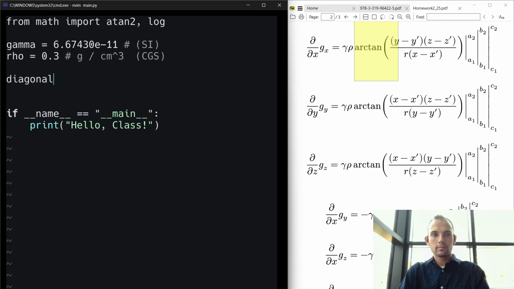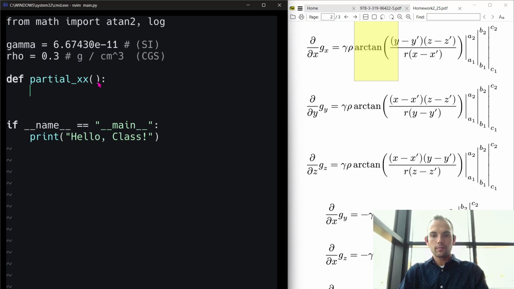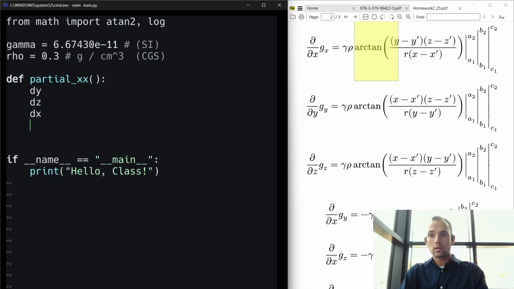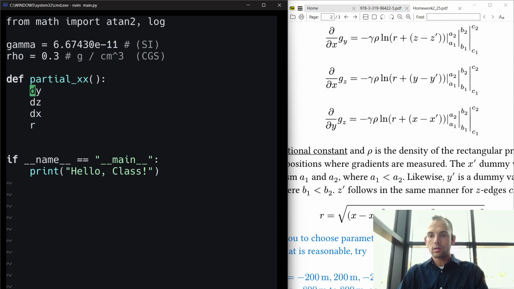Let's just call this XX. Def partial. We'll have a function like this, and we need the difference in the y coordinates, the difference in the z coordinates, the difference in the x coordinates, and a total distance r.